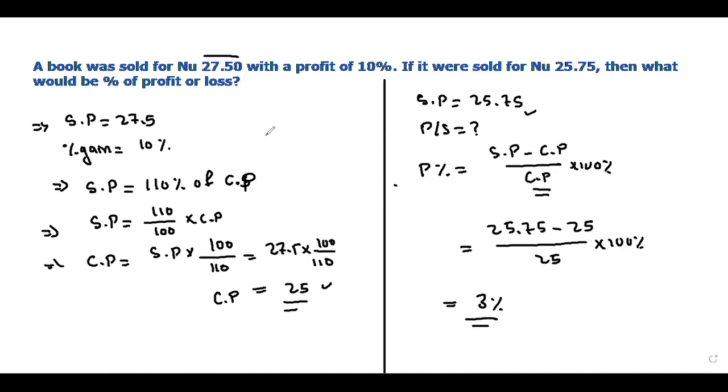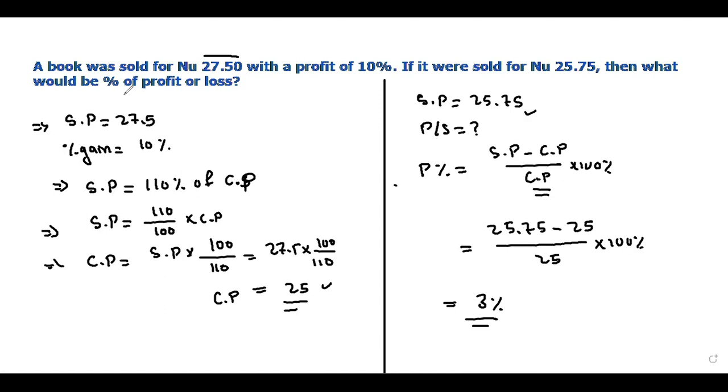Check the same book: at 27.5 it was a 10% profit. But if you sell the same book at 25.75, a decrease of 2 rupees, you get a 3% profit. That is what it means.